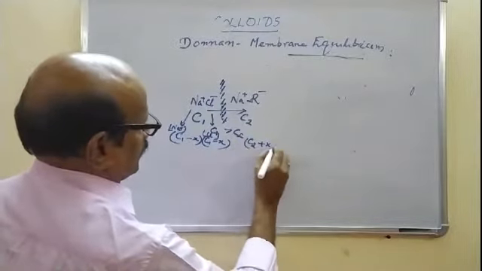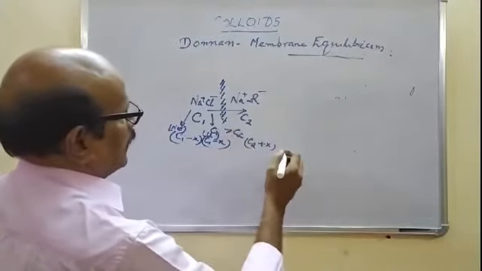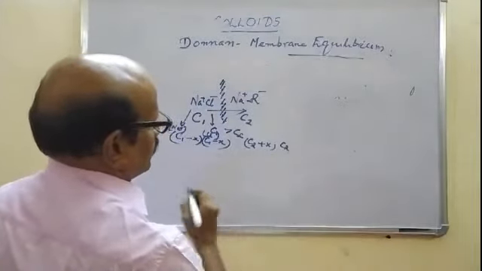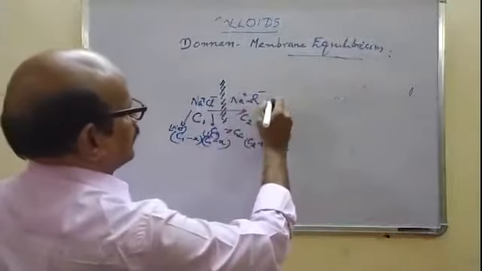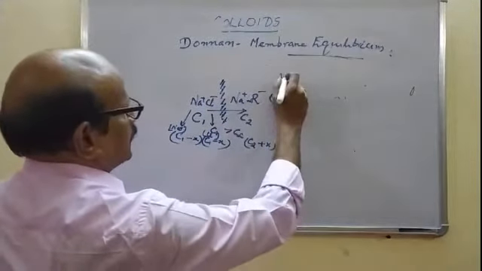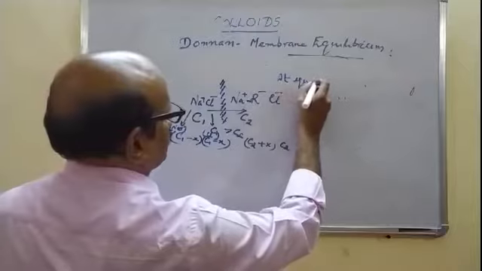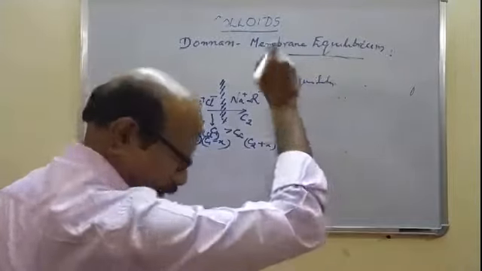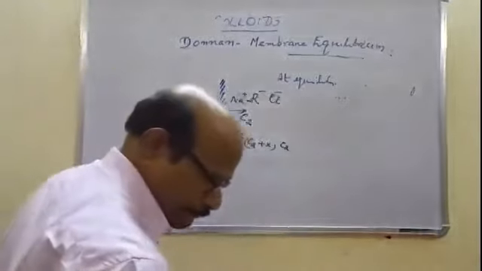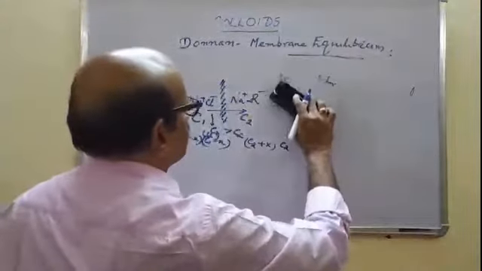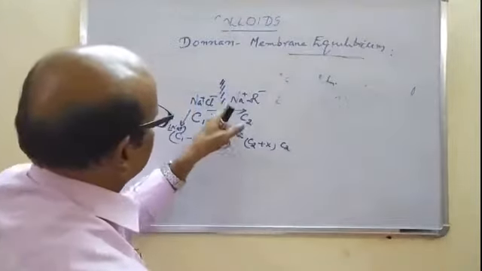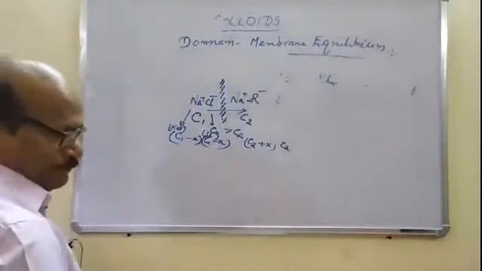C2 plus X on the right side, and that of R minus is C2, and we have Cl minus at equilibrium. Okay, this is the condition before.